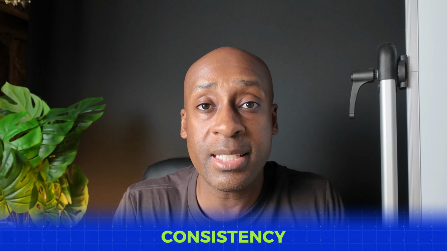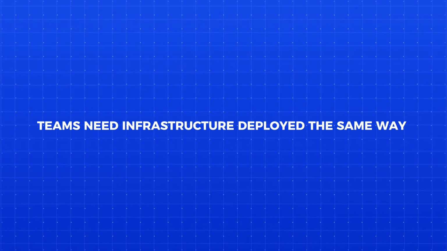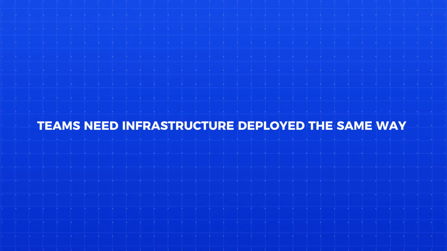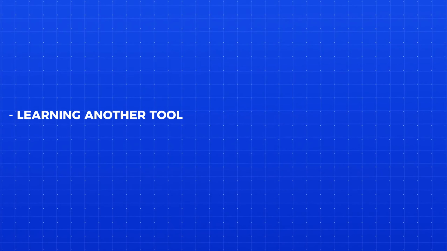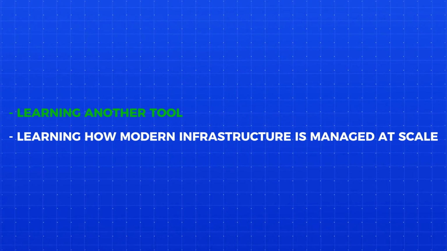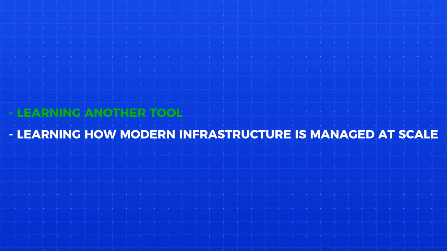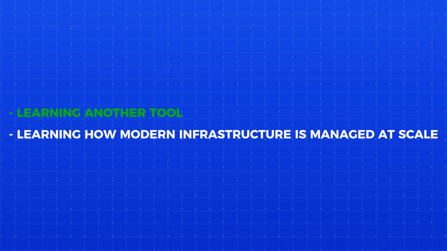Another important part of Terraform is consistency, because in larger cloud environments, teams need infrastructure deployed the same way every time. And Terraform helps create that level of control. So this isn't just about learning another tool, it's about learning how modern IT infrastructure is managed at scale. And that's one of the biggest shifts into cloud engineering.